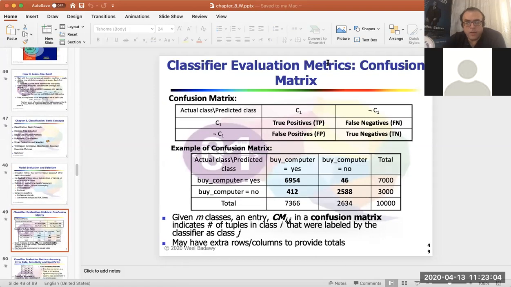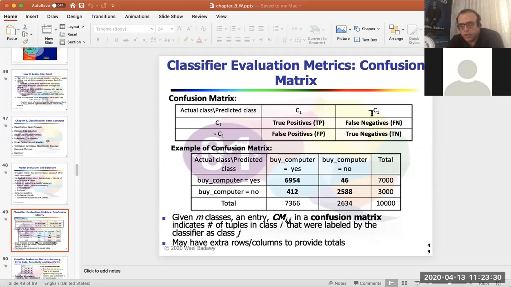If I look at the confusion matrix, it is one classifier evaluation. If I have class and not class, here I will say this is the actual class and this is the predicted class. Please, when you see these four terms come out, remember them from the data mining course.